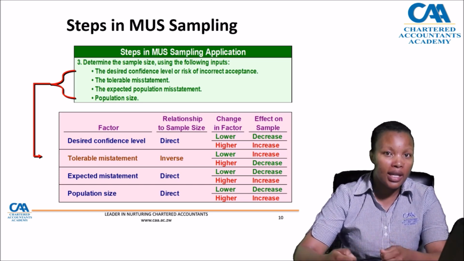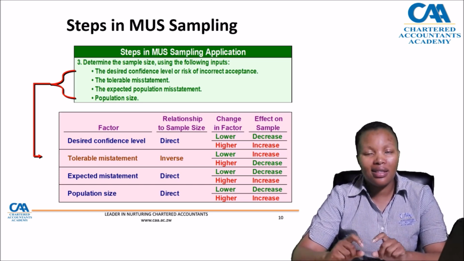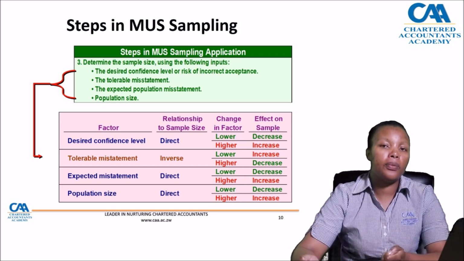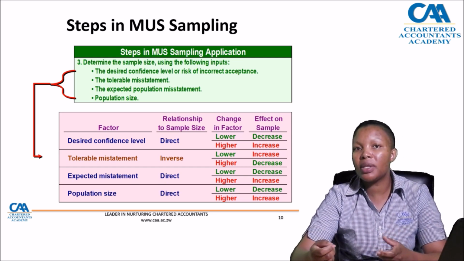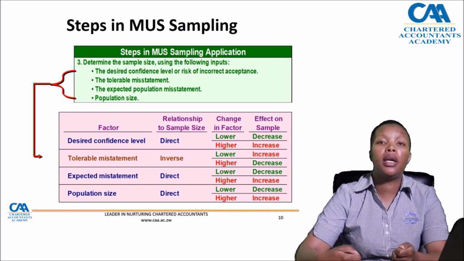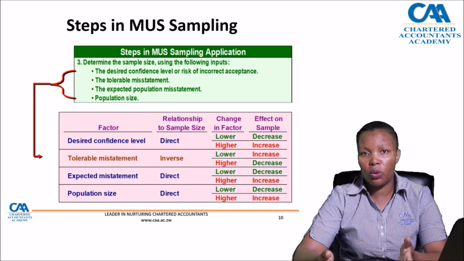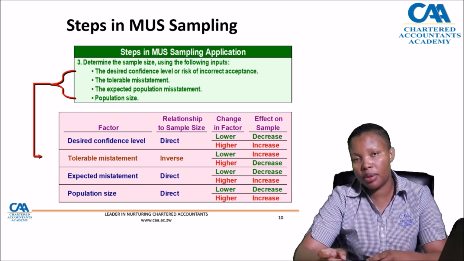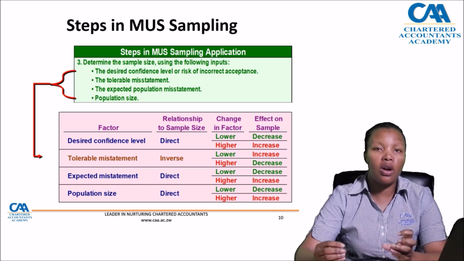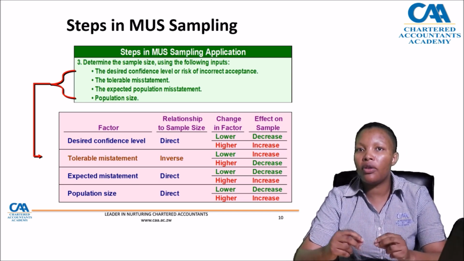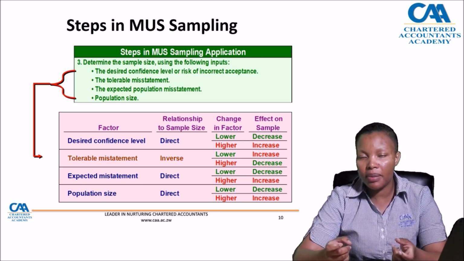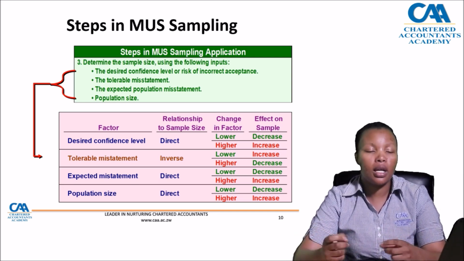With regards to the expected misstatements, there's a direct relationship. Remember we said the expected misstatement could come from the experience of the auditor. When I'm dealing with receivables, I expect this much misstatement within that population, but with revenue or investments, I expect a different amount.